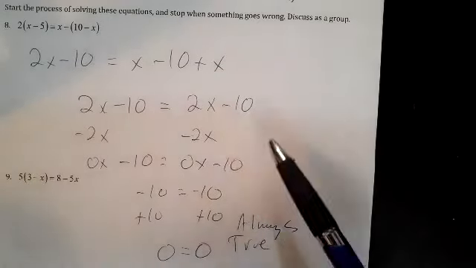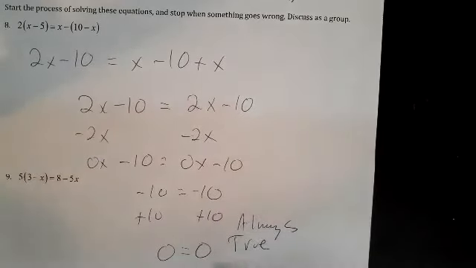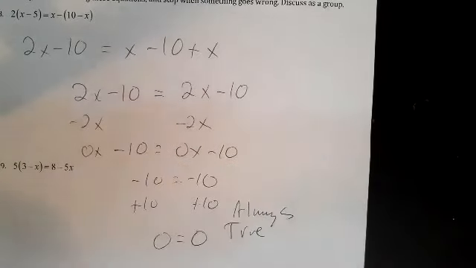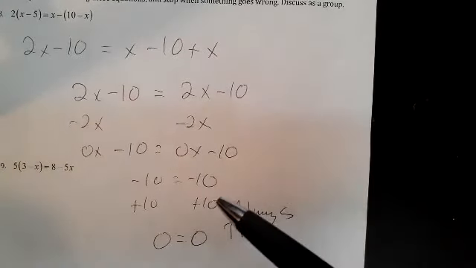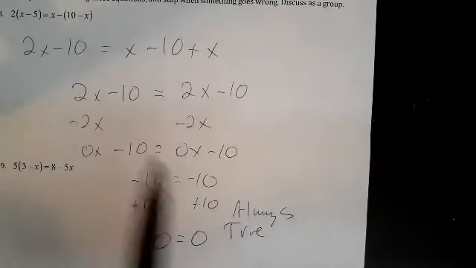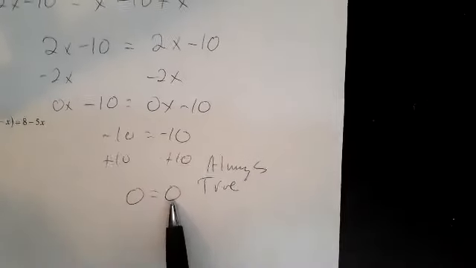Well, it doesn't really matter what I plug in. This is always going to be true. So I can plug in any and all real numbers out there, basically, right? If I do 2 times any real number that we know of, and I subtract 10, it's going to be equal to that same number times 2 minus 10. This property is going to be true of any real numbers. And this is going to be true of any x that we plug in.